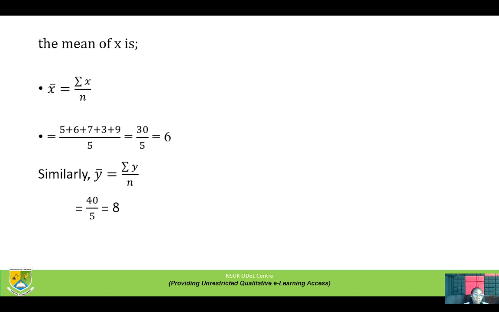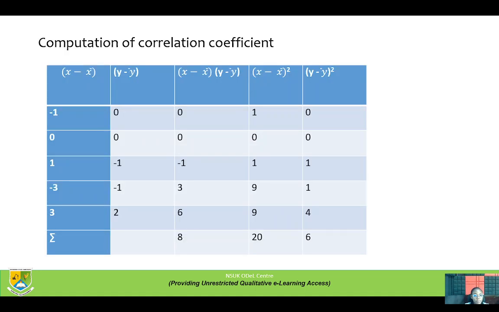So getting the mean of x as 6 and the mean of y as 8, as we all know, the mean of x is summation of all x divided by n. Likewise y. To make it more organized and simpler, this table shows the computation of the individual segments of our formula.